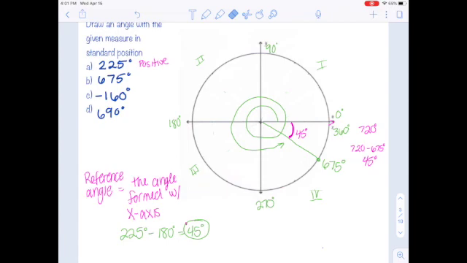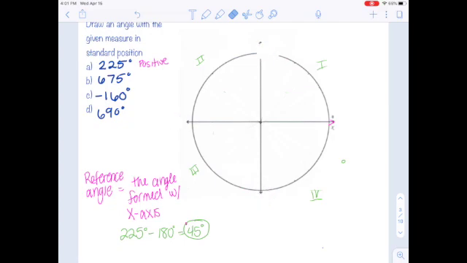Moving on to part C, if you have a negative 160 degrees, let me erase some of this. We are now moving in a negative direction, so I'm actually going to erase all my positive degrees as well. So this time for negative 160, we have our initial side, and we're going to go in a negative direction.